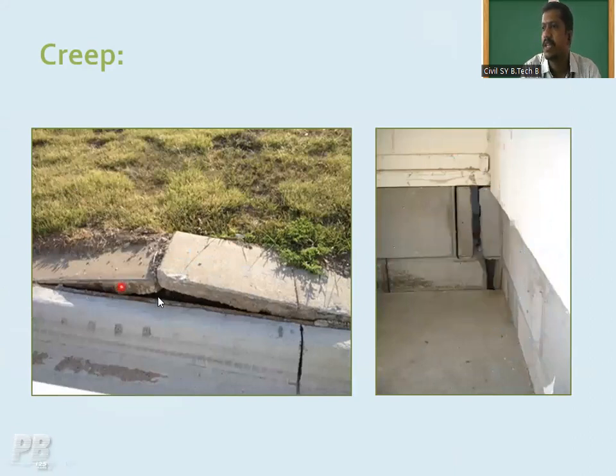See another picture you can see. This is the curve of your roads. I think all of you have studied the geometric design of roads, and in that you have studied this particular part, curve. Here also you can see this particular portion has been dismantled completely. It has deteriorated completely. Again, these cracks are there on the wall.